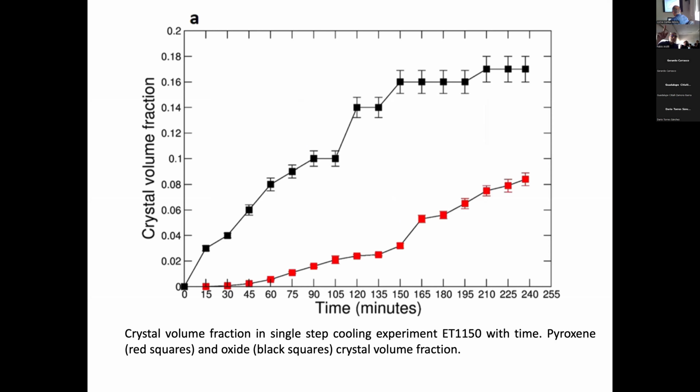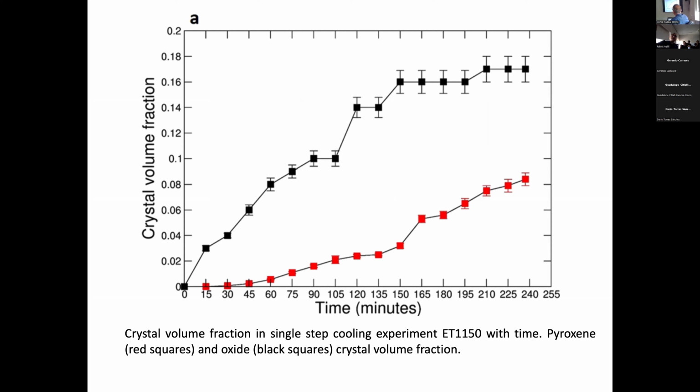Here we were able to calculate the crystal volume fraction for the oxides and for the pyroxene. Basically, after 240 minutes the pyroxene was more or less 8%, so 0.08 crystal volume fraction.